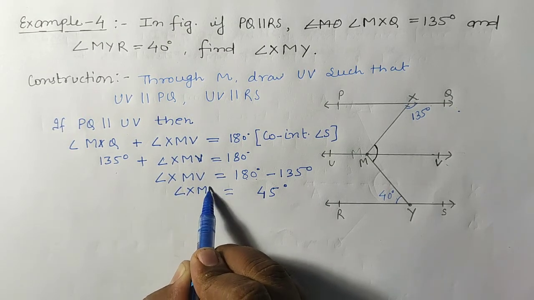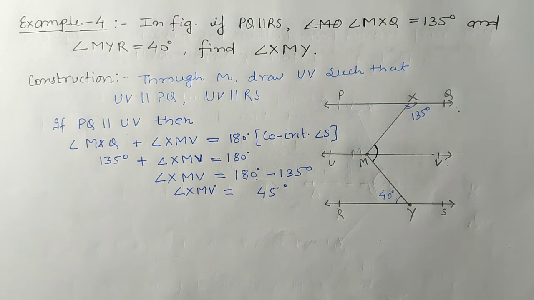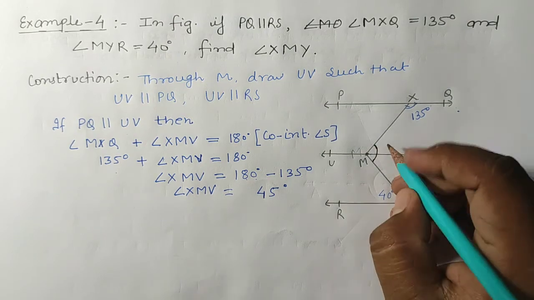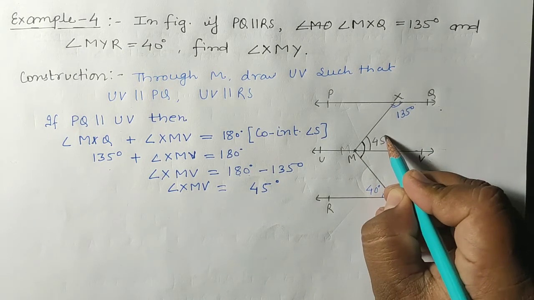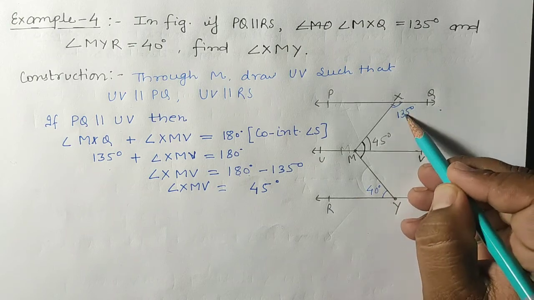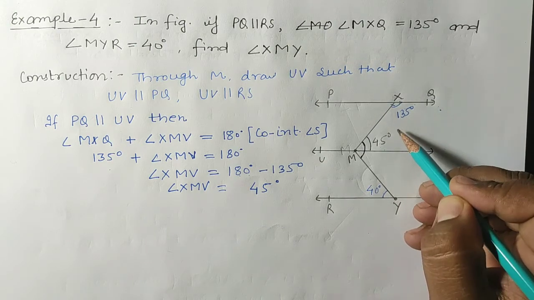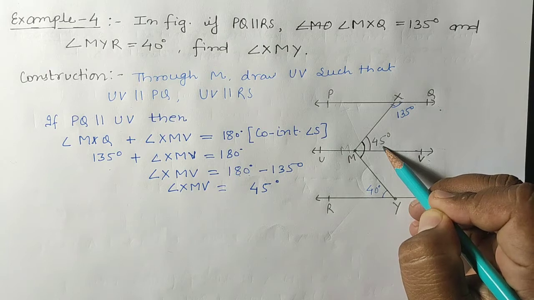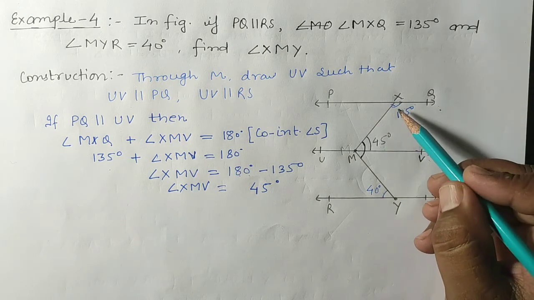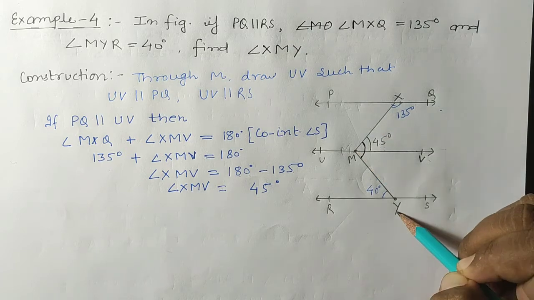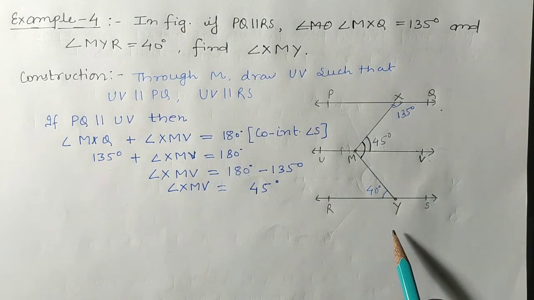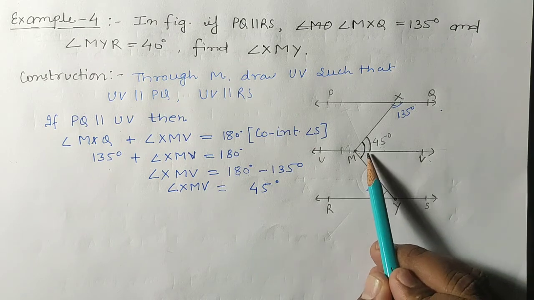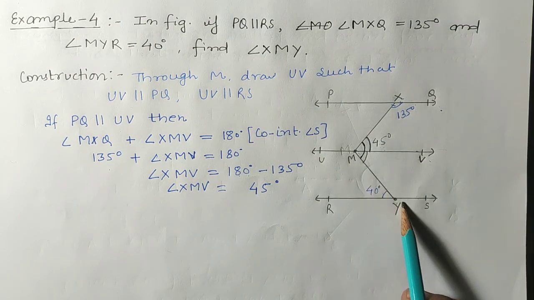The value of angle XMV is 45 degrees. In the figure, the sum of these two should be 180 degrees; if it is 135, then it will be 45 degrees. Students, we want to find angle XMY, in which we have found XMV. Now our next target is to find angle VMY.